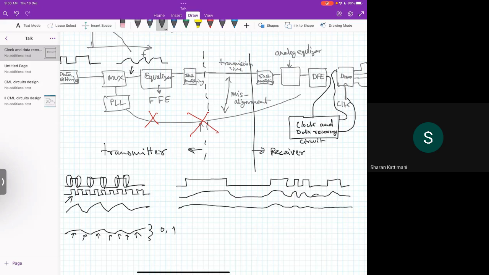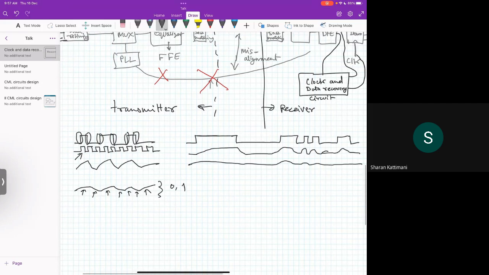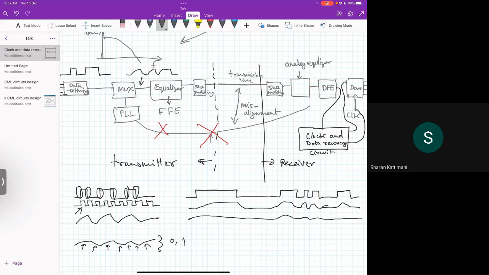It is very difficult to find where is 1 and where is 0, because you have long 1s and long 0s. To get rid of this problem, there is another thing that we do, called line coding. Before sending, after the mux, another block is generally put here, called the line coding circuitry.